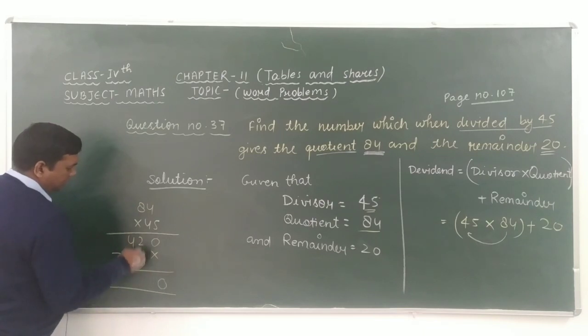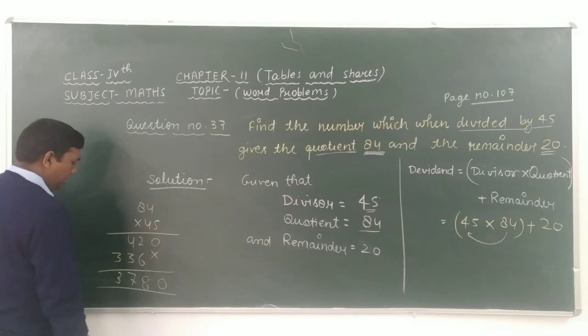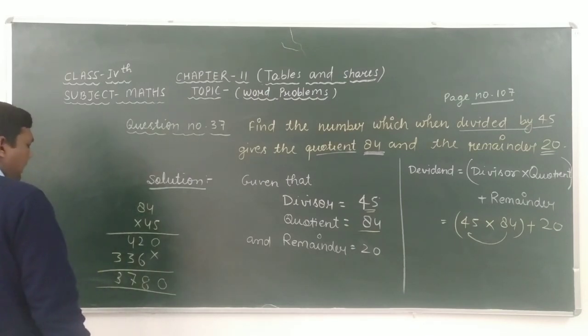Here we get 0, 6 plus 2 is 8, 7, 3. It means that 3780.